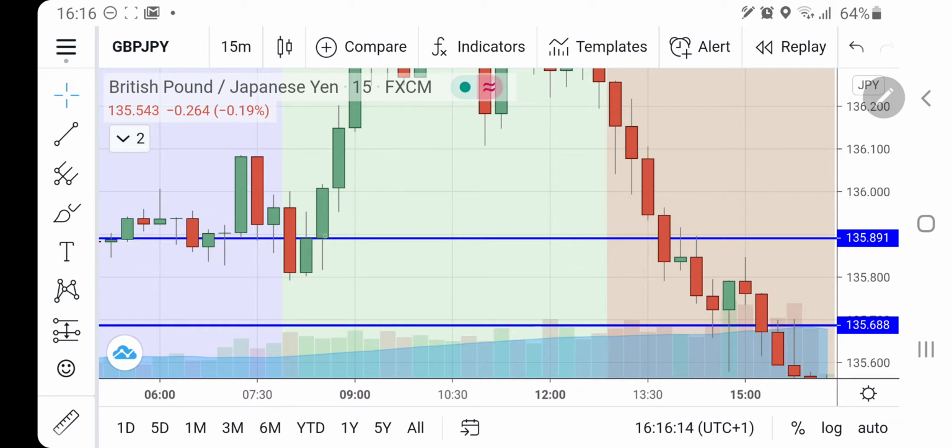This line here was support, and we closed below that line. Okay, we closed below that line. So what I'm expecting is price to continue to the next zone of support, which is that second line there.